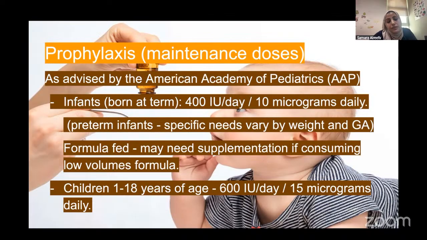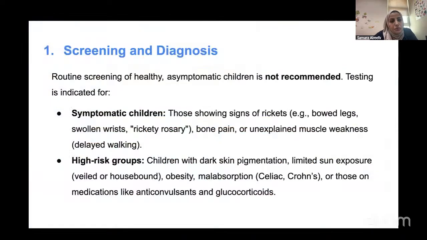Children 1 to 18 years are recommended to start on 600 international units daily, or 15 micrograms. Screening is not recommended for asymptomatic children.